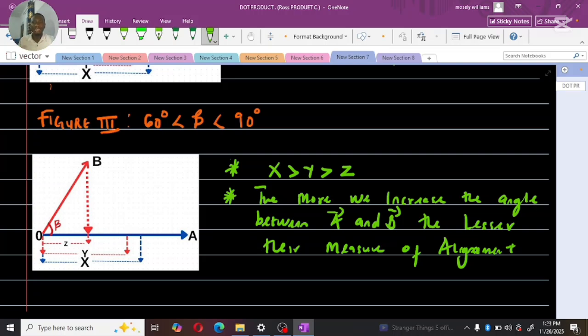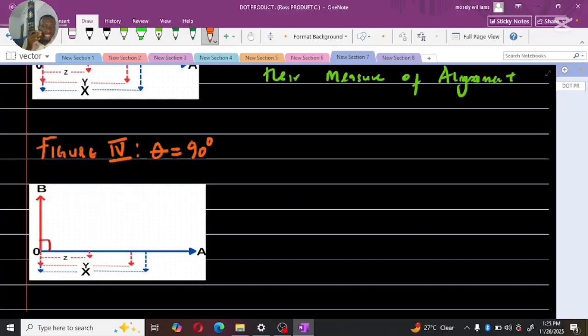So their intention is totally different. What happens when the angle between the two vectors is equal to 90? Let's see. In this case, we can clearly see that the angle between A and B is 90 degrees, and they are looking in totally different directions.